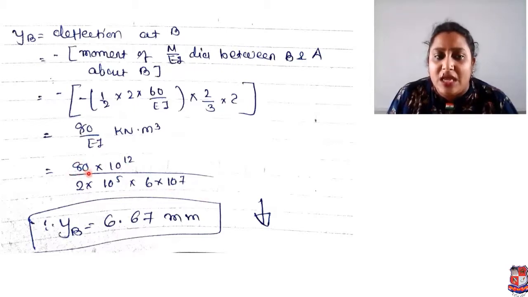That's why it is 18 into 10 raised to 12 divided by 2 into 10 raised to 5 into 6 into 10 raised to 7. And if we simplify by putting these values in a simple calculator, then our deflection at B, YB, is equal to 6.67 mm downward. Okay.